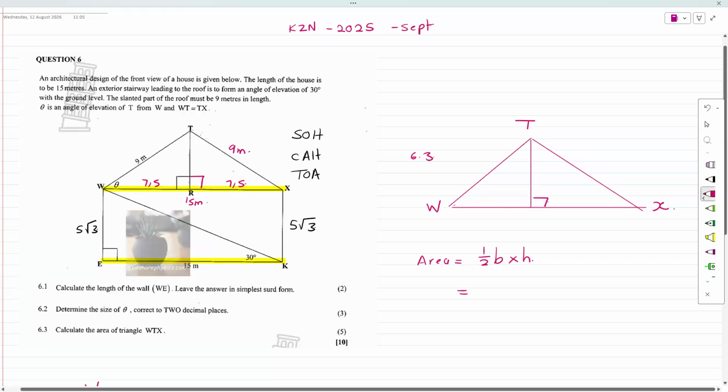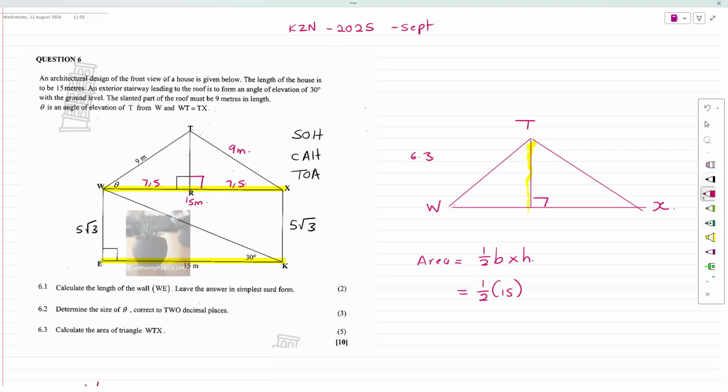Half of the base is easy because we know the base is 15, but we don't know the height. Since this is a right angle triangle, it is quite simple to understand that if this is 9 and this is 7.5, we can use Pythagoras. R squared is equal to x squared plus y squared. R squared is 9 squared, which is 81.